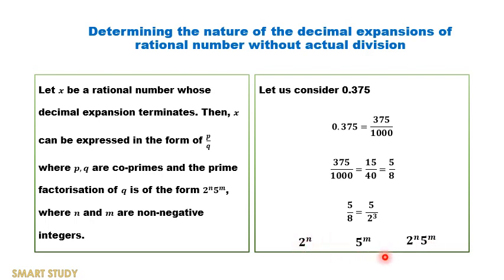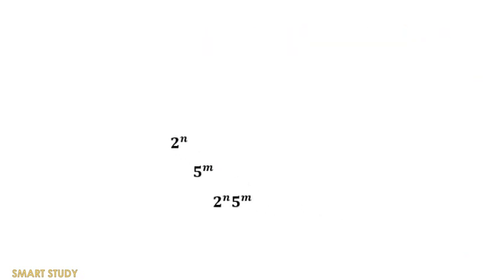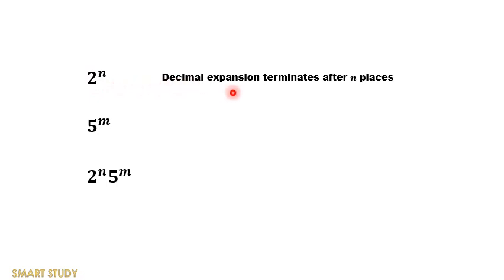Based on this we can determine after how many decimal places the decimal expansion terminates. If it is in the form of 2 raised to n, then the decimal expansion terminates after n places. If n is 3, then it terminates after 3 places. For 5 raised to m, the decimal expansion terminates after m places.